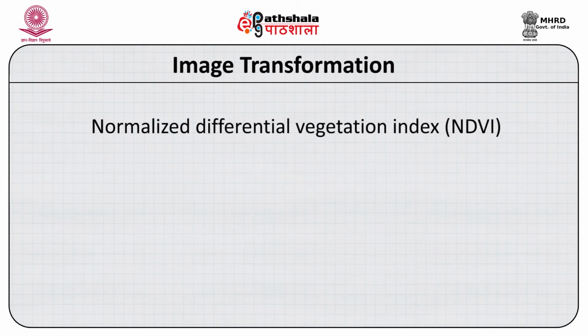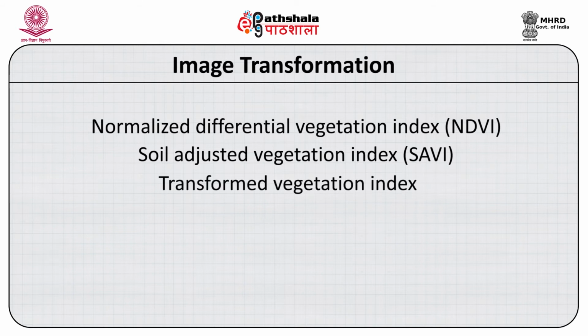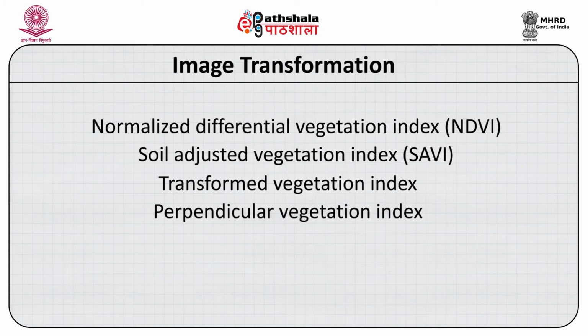Then we also have SAVI, which is soil adjusted vegetation index. We also have transformed vegetation index. Then we can also develop perpendicular vegetation index.